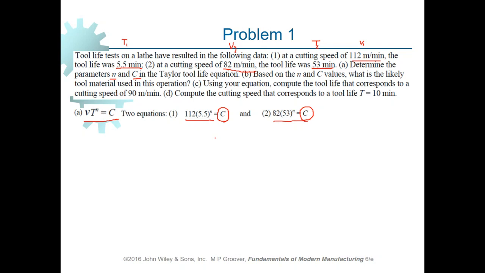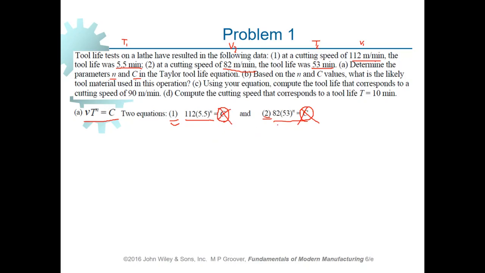What do we do now? Of course, we can equate these two equations with one another. If we equate equation 1 and equation 2, then we end up with a single equation with only one unknown parameter. So we don't need to make use of C anymore.